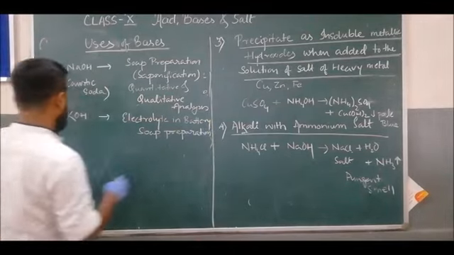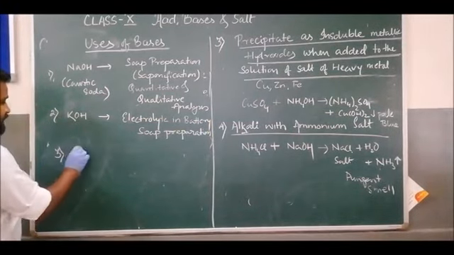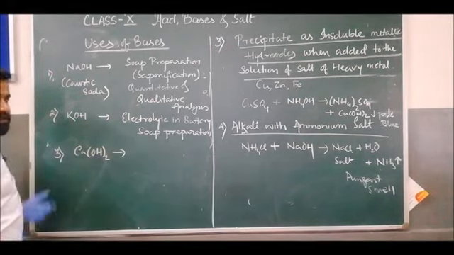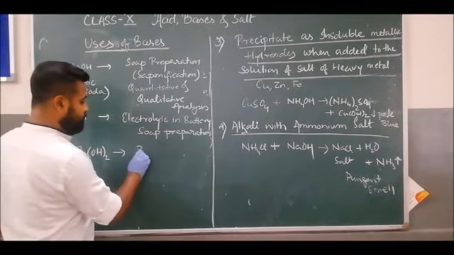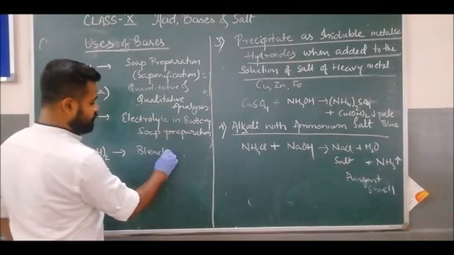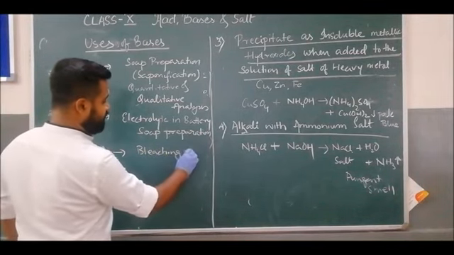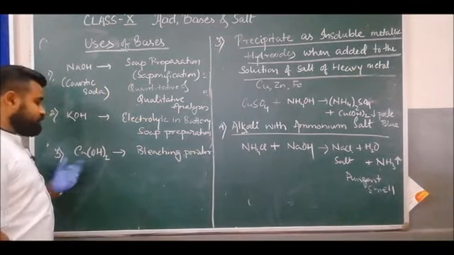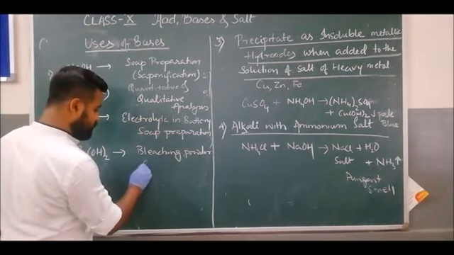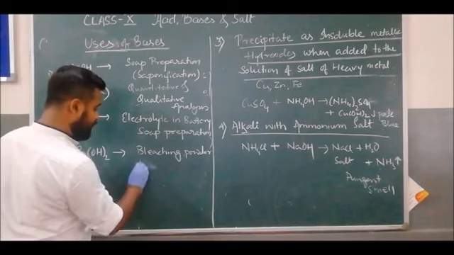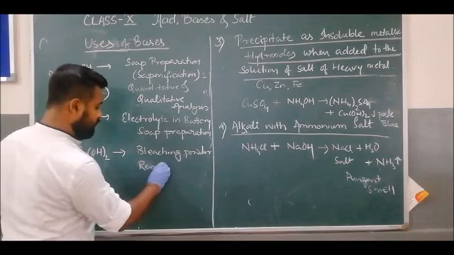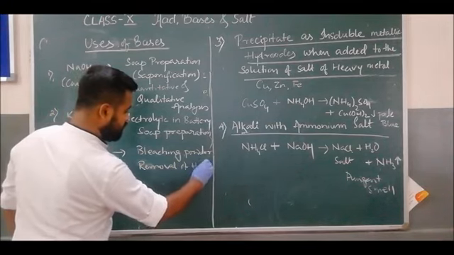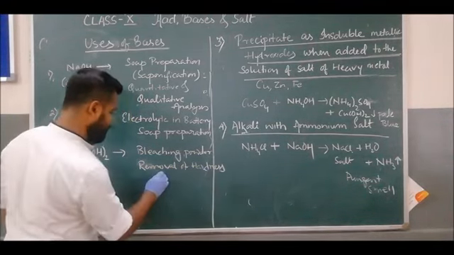Next, third is calcium hydroxide. This is another base which is used to prepare bleaching powder. And this is also used for removal of hardness from water.